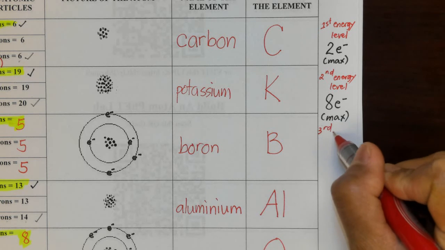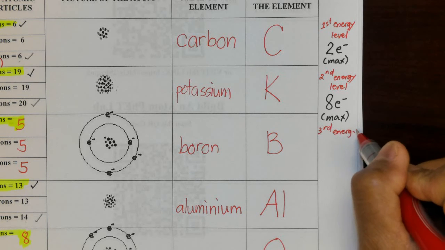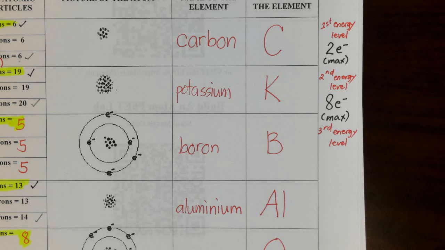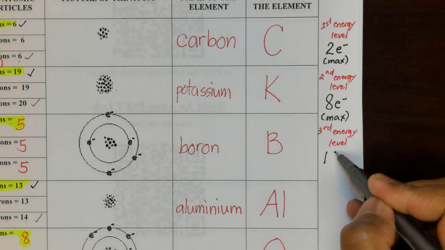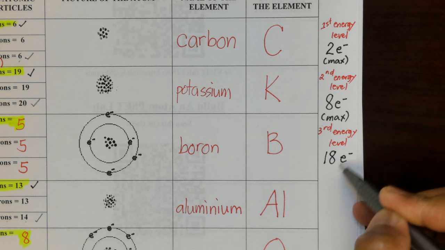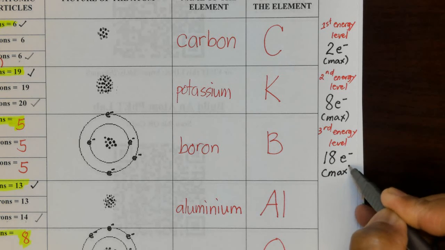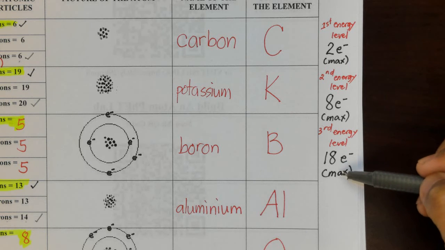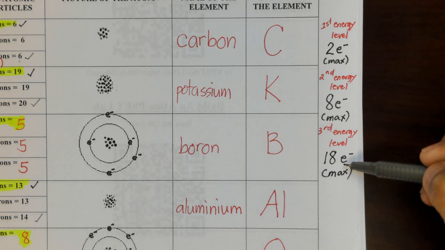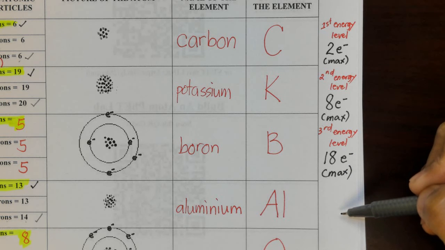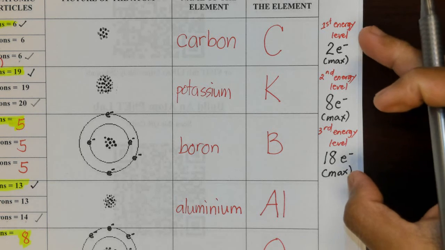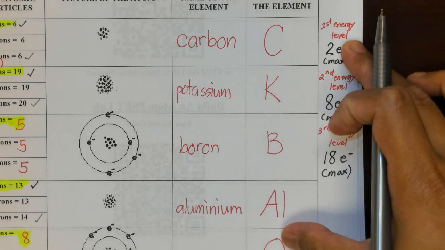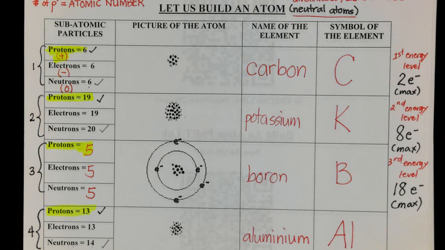Just add a third energy level. And the third energy level will have a bigger capacity of 18 electrons maximum. And that's where we will stop for now, okay? The energy levels can go over the third, but for now, we will just focus up to the third energy level. So now we're going to draw carbon, okay?